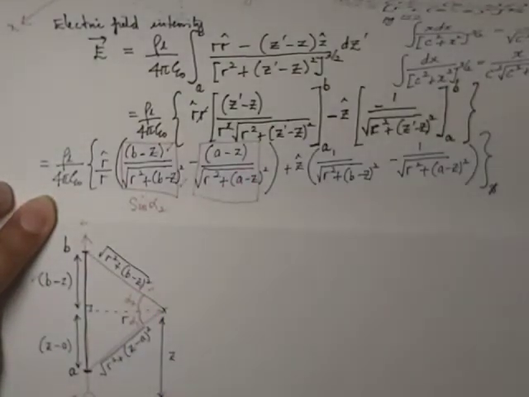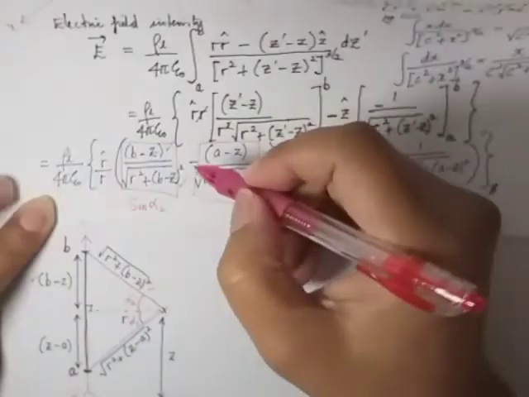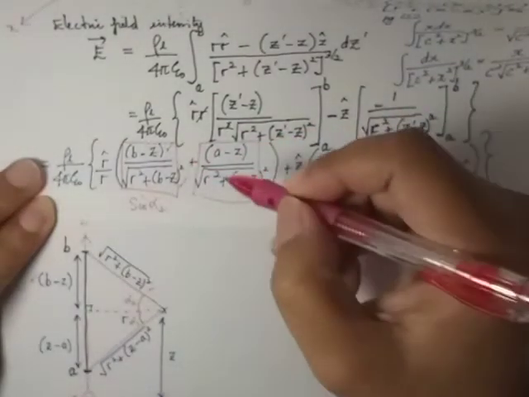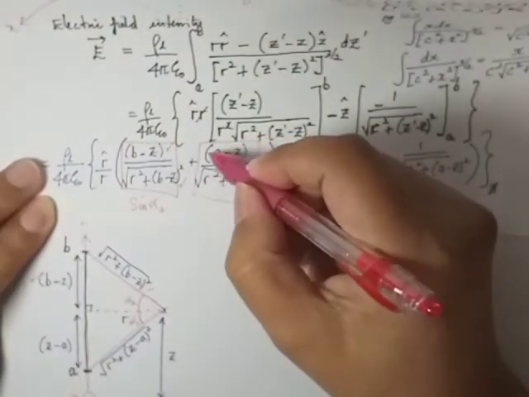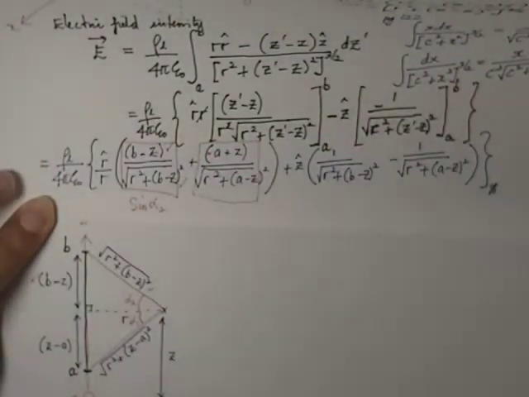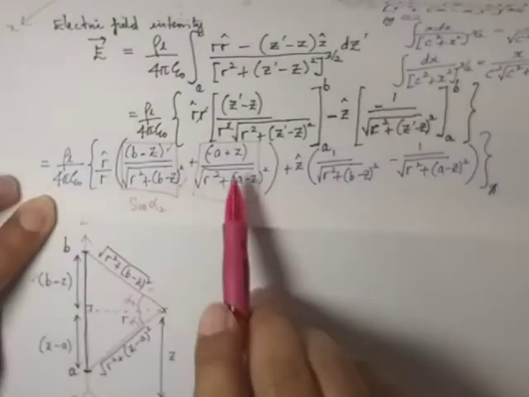So we need to adjust slightly. To do that, I'm going to change the negative here to become positive, so that the term in the bracket becomes z minus a, which agrees with the symbol given on the triangle.